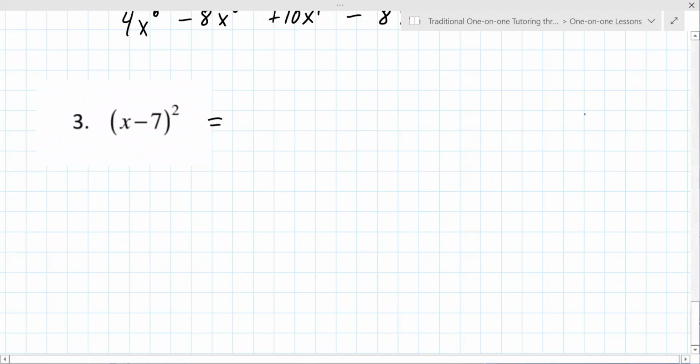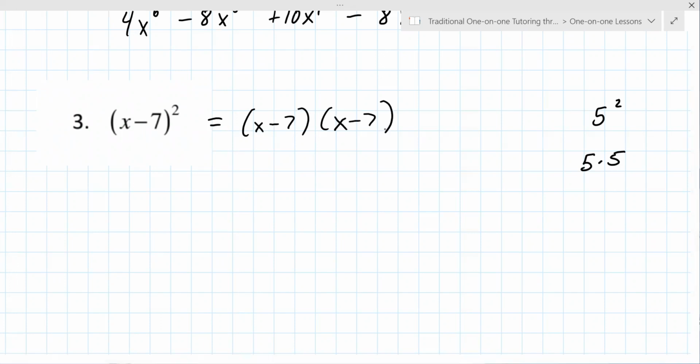Like if I asked you, what is 5 squared? You might say 25, but you might say, oh, it's 5 times 5. It's the thing that I'm squaring multiplied by itself. And that's super critical to do. You have to remember what it is that you're actually doing here.